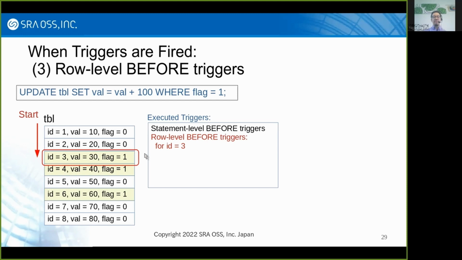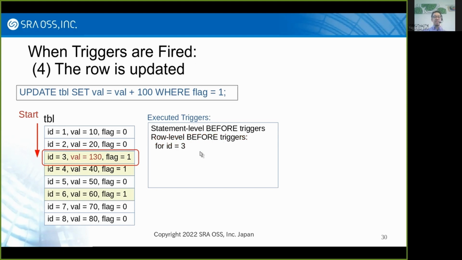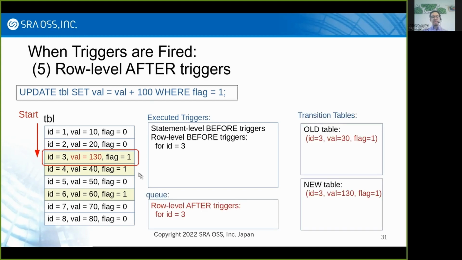So before the row is updated, the row level before trigger for ID 3 is executed. And the row is updated. Then after the row is updated, the row level after trigger is not executed here. The row level after trigger for ID 3 is just saved in the trigger queue, the waiting queue.